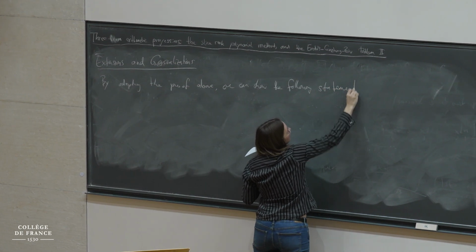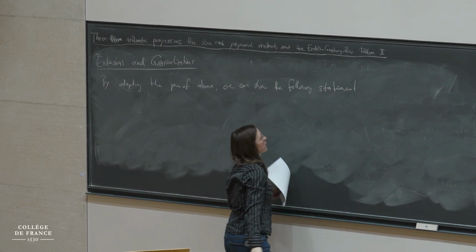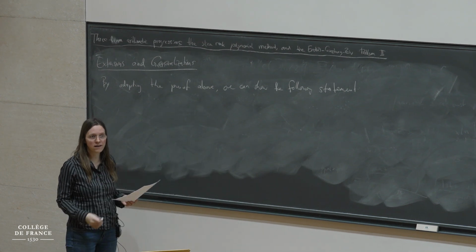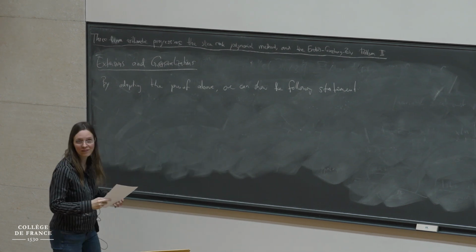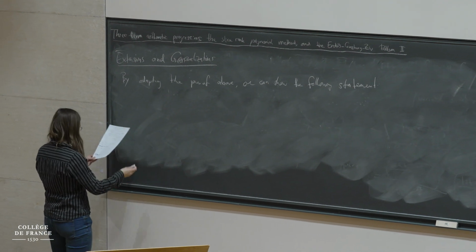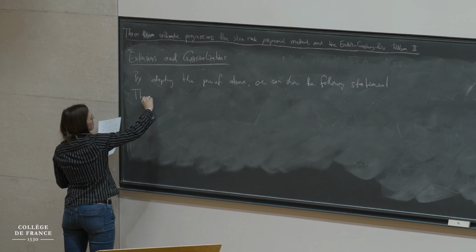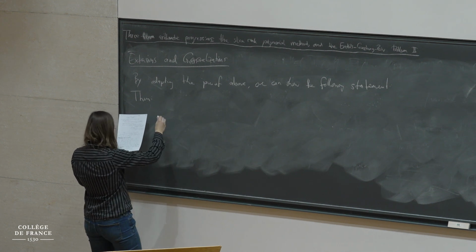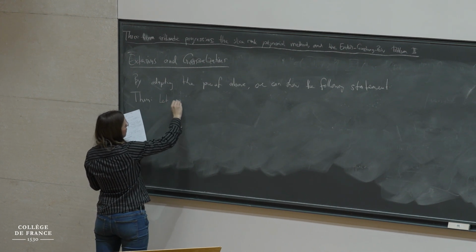Really, it's an exercise in adapting the proof. When I taught this proof in the class, I gave the following thing as an exercise on the homework sheet. So I call it a theorem, but once you know the method, it's really not difficult. So the theorem is as follows.